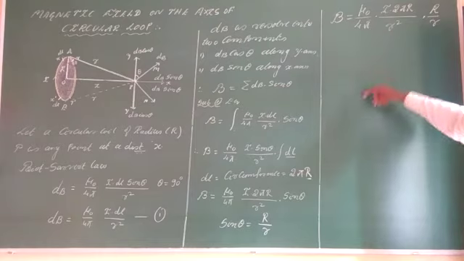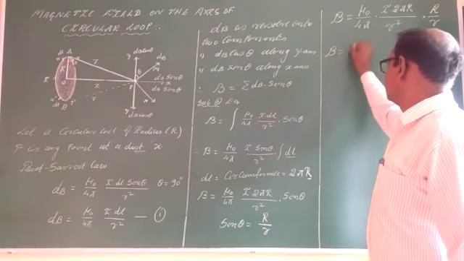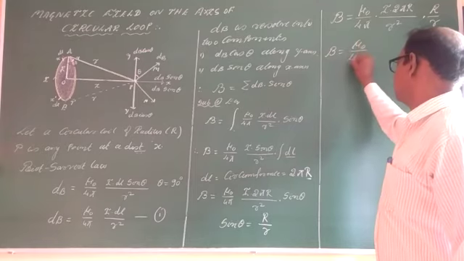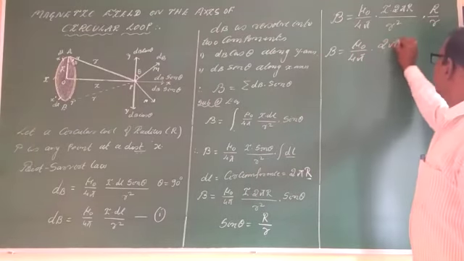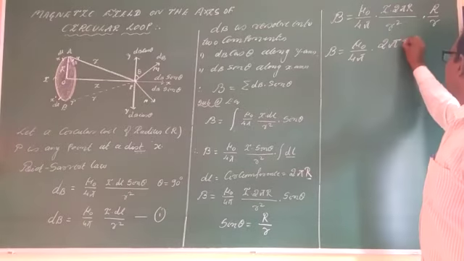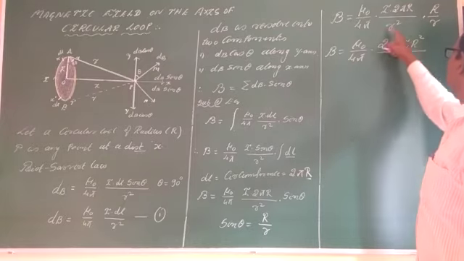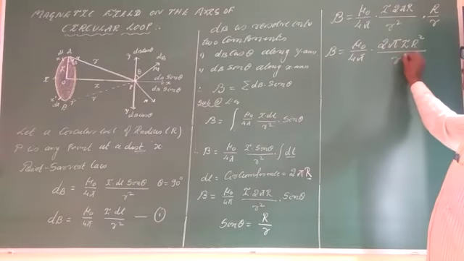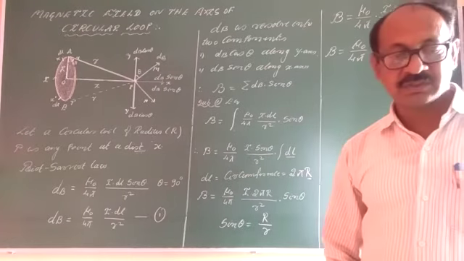Now substitute for this. So B is equal to mu naught divided by 4 pi into 2 pi, I R square divided by r square into r, which means r cube.